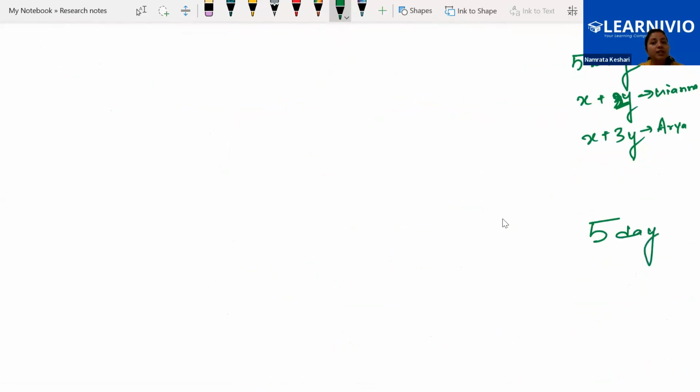In those 5 days, the first 3 days are fixed for me, for Ziana, for Arya, for Harshit, for Shushi, for Sarita, whoever borrows the book: for the first 3 days everybody is going to pay the same amount. So from this 5 days, for the first 3 days a fixed amount the person is paying, and that fixed amount we have assumed is x rupees.